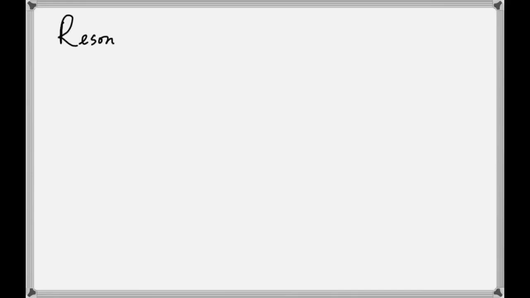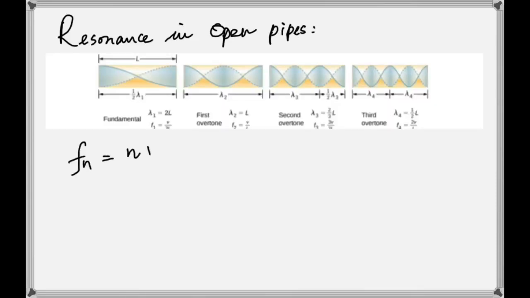But for an open pipe, you're going to get an antinode at either open end, as shown in the diagram. So the resonant frequencies are given by nv/2L, and in this case n is 1, 2, 3, 4. And that is why an open pipe is more suitable as a musical instrument, because it produces more frequencies compared to the closed pipe.